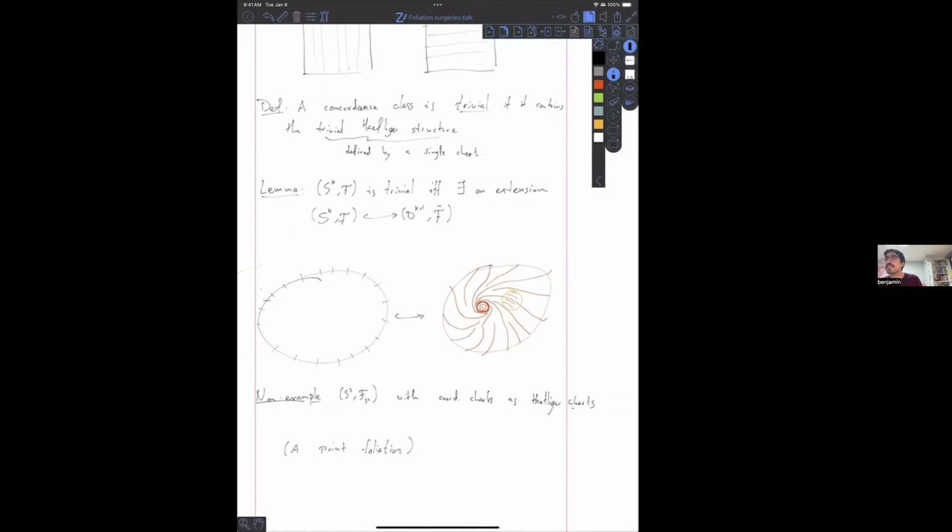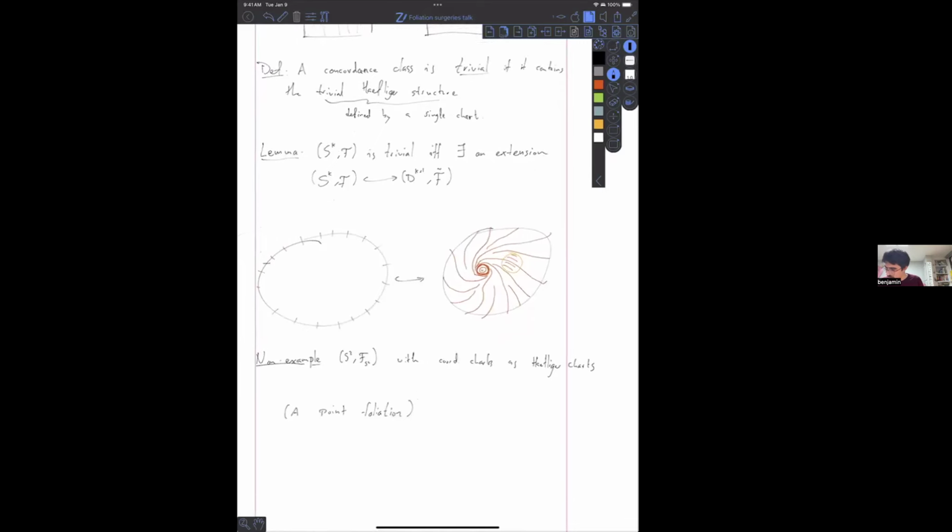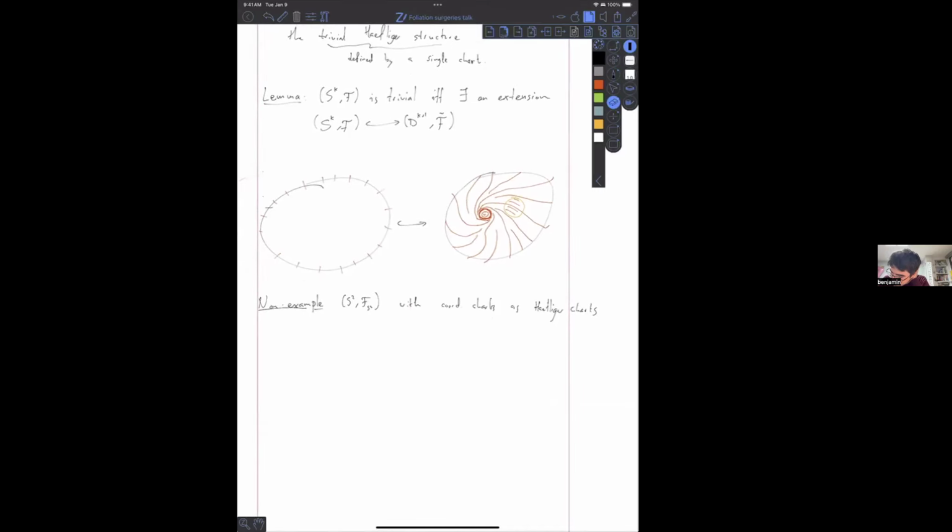That's called a point foliation. The reason this is a non-example is that Haefliger structures have a normal bundle.